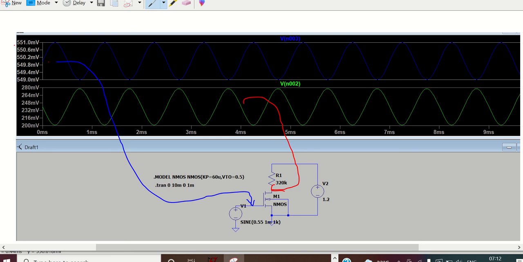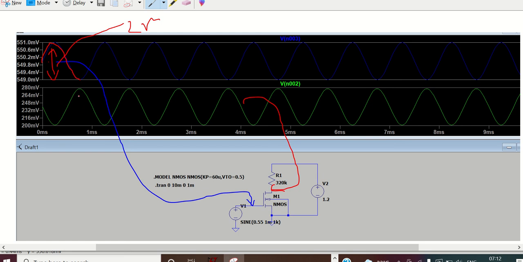You can see my blue input goes from 550 millivolt up to 551 and down to 549. So peak to peak, it is hardly 2 millivolts. But you can see my output goes from 240 up to 272, and it comes down to 200.